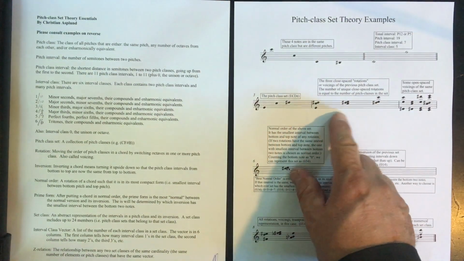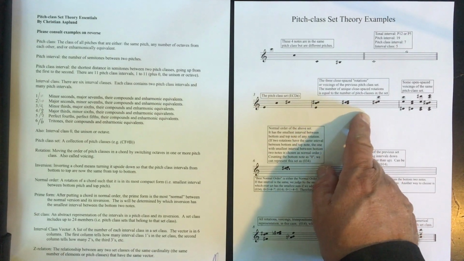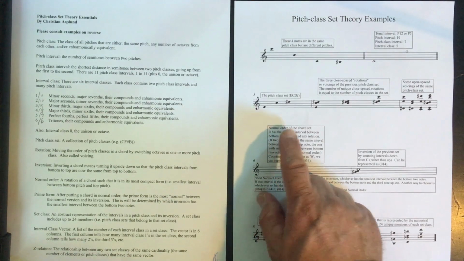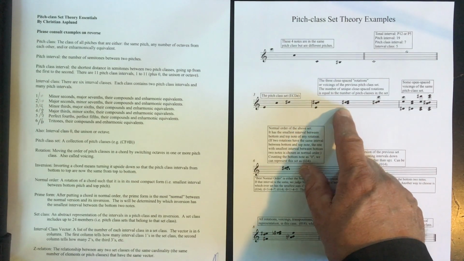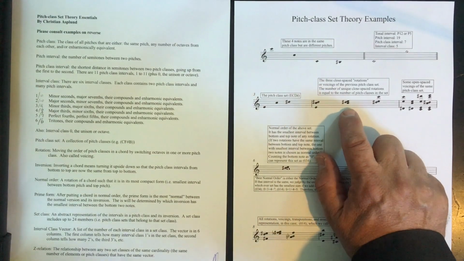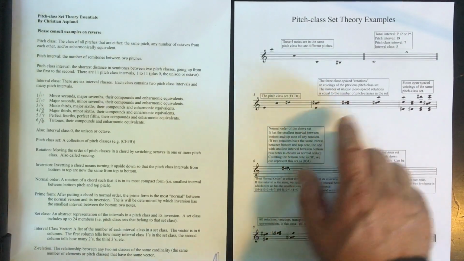There are going to be 3 different close-spaced versions of a trichord. The normal order is which of these 3 has the smallest distance, is the most compact. Okay? Now, obviously that's this one. This is so far the normal order.